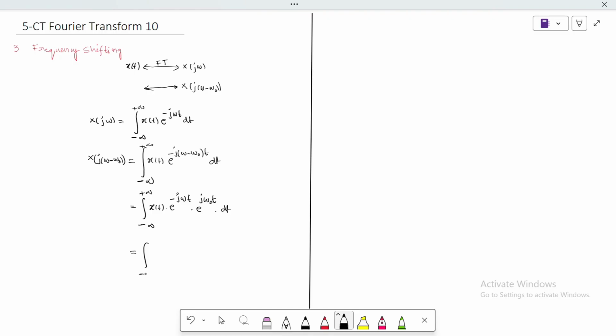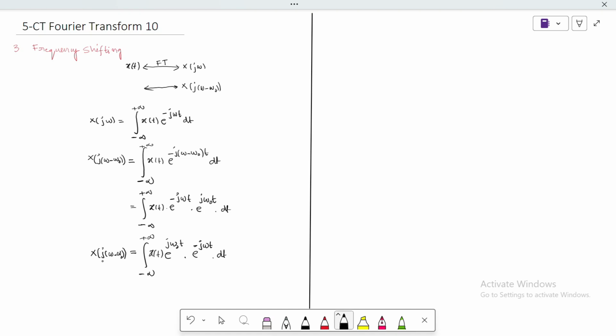Here I'm writing it like this. The integral from minus infinity to plus infinity of x of t, so this is a signal in the time domain, is it? But that exponential must be a function of only t. So this is a function of t only, e power minus j omega t into dt. So this is equal to x of j into omega minus omega naught. So this is a signal in frequency, and this is a signal in the time domain, x of t.